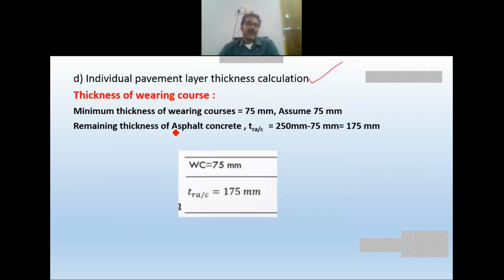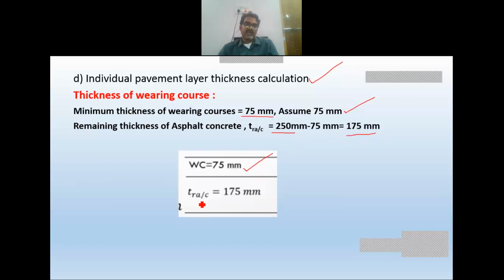Next we'll see the thickness of wearing course. Usually for the wearing course we just provide a minimum thickness of 75 mm, 3 inch. So let us assume the thickness of wearing course is 75 mm. But what is the total thickness? Already calculated in the previous step, 250. So 250 minus 75 will be 175 mm.